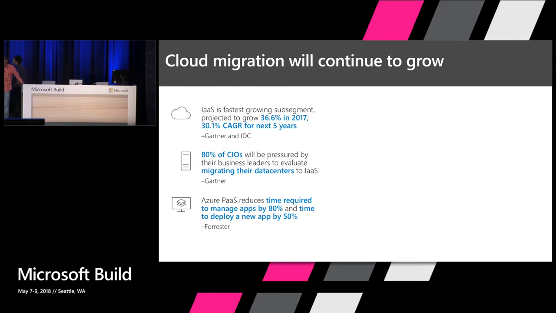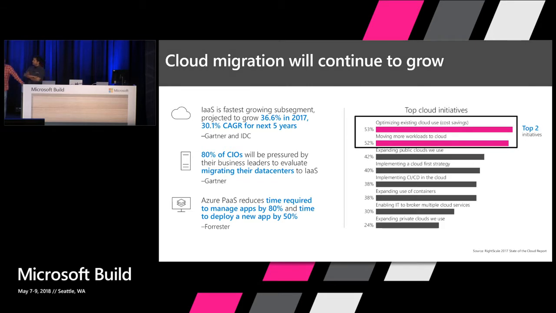And there is always going to be a lot of business pressure to adapt to the cloud, to get a competitive advantage and to show differentiation from competitors. And if you look at the PaaS environment, platform as a service, there is expected to be a significant reduction in managing your applications, as well as deploying new applications.